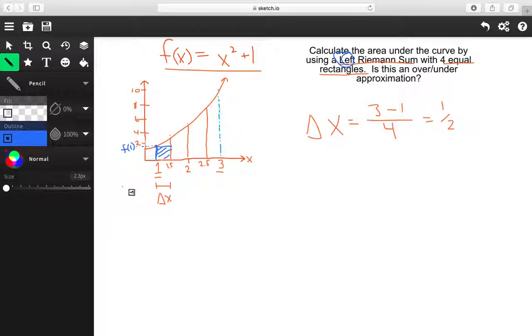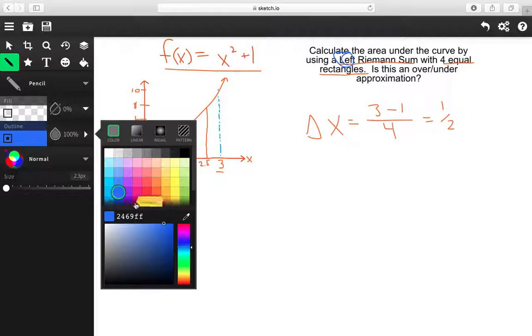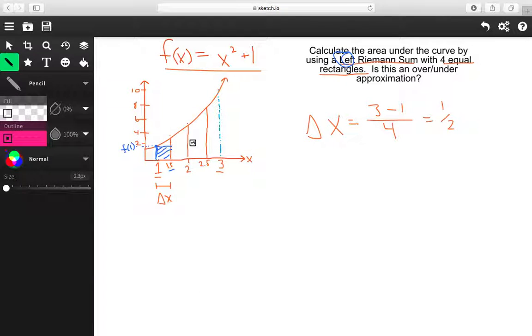So our next one is going to be at x equals 1.5. Use a different color here too. Again, the top left corner. So that height is going to be f of 1.5.